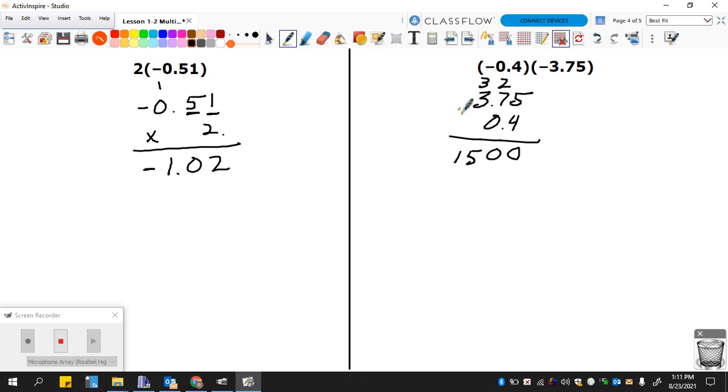Now, we have 3 numbers after the decimal point, so we start at the end and go 1, 2, 3, and our decimal point goes right here between the 1 and the 5. We don't really need the zeros at the end, so we could just write it as 1.5.